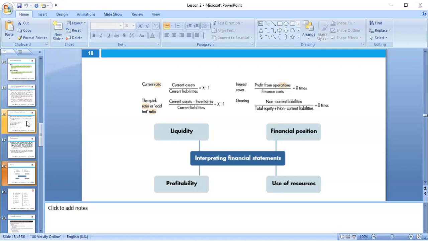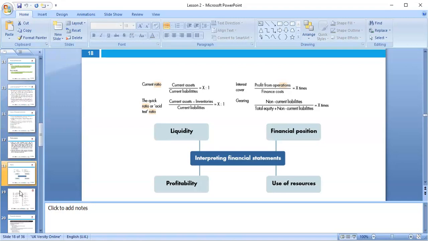So non-current liabilities divided by total equity plus non-current liabilities. Non-current liability is when we borrow money for a longer period, more than a year, like buying a house or a car, which is your asset. That's why we add them into part of the equity as well.